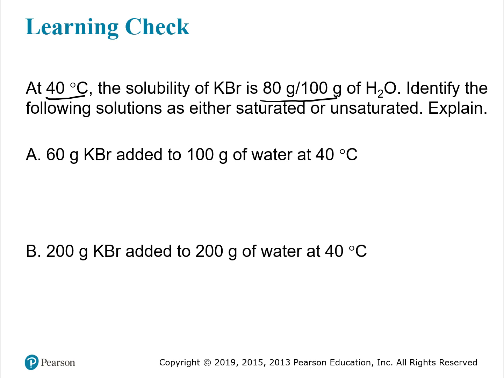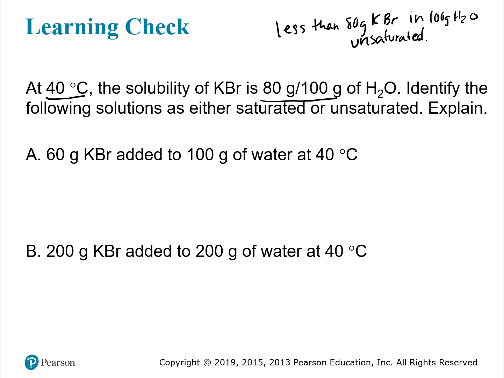So that means anything less than 80 grams of potassium bromide in 100 grams of water is going to be unsaturated. If you have more than that, you're going to be saturated.